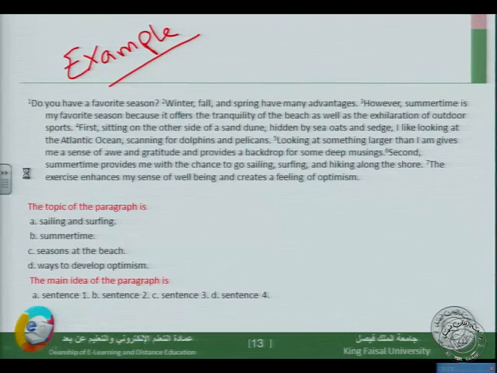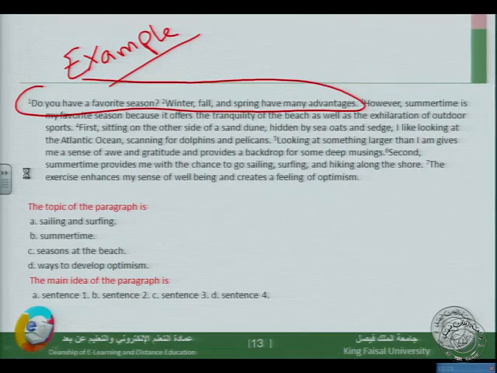Again, where can I find the main idea and the topic of the paragraph? We can find it here in sentences 1 and 2.